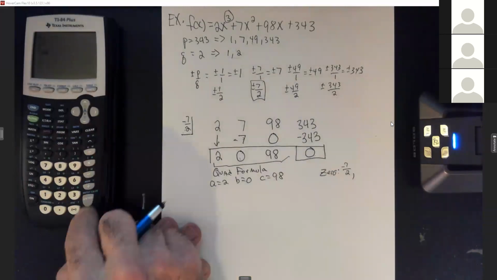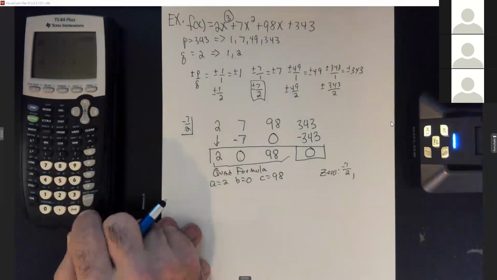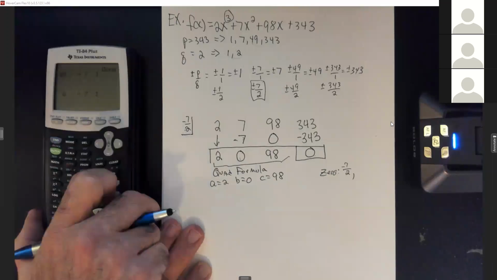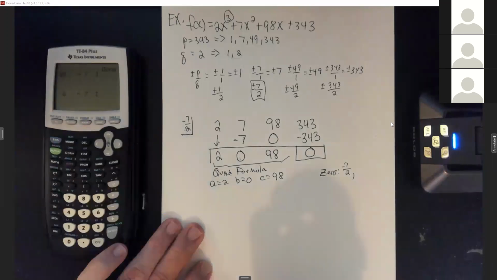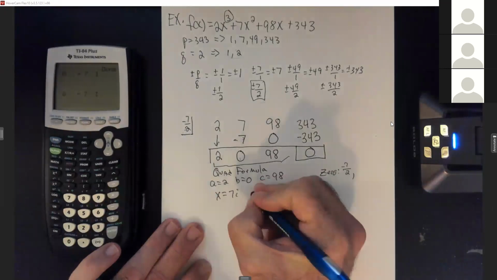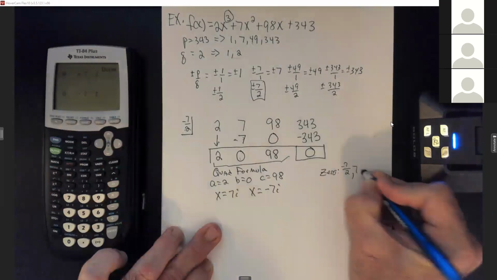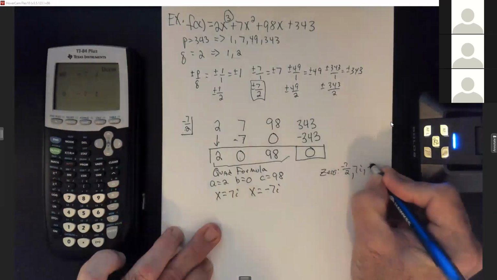If y'all like that quad that much. All right, let's see what I get. Looks like I get 0 plus 7i, 0 minus 7i. So that'll just be a 7i and a negative 7i. So my last 2 zeros are the 7i, negative 7i.